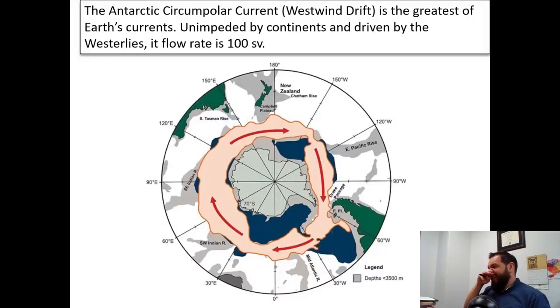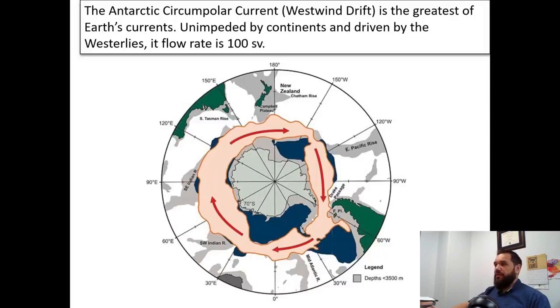Let's also take a look at this other weird gyre. You know that there's the Antarctic circumpolar current, the westward drift. It's the greatest of Earth's currents. Now, it is special because it is totally unimpeded by continents. And so it's just driven by the westerlies, and its flow is very strong.